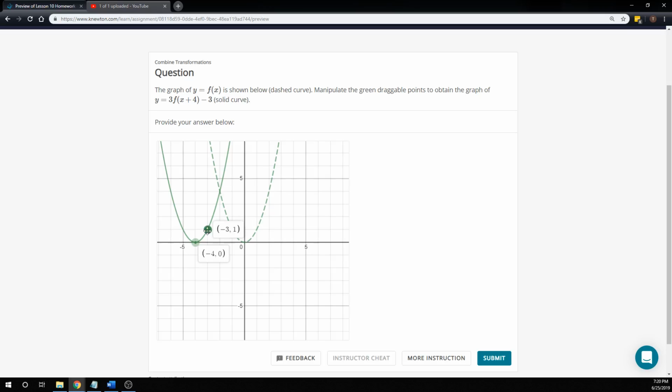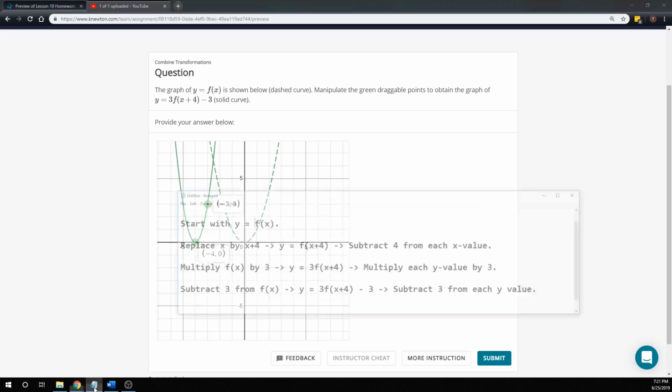On this one, the y value is 1, and 1 times 3 is 3. So that point will get moved up to minus 3, 3, like this. So you can see that the dashed graph gets stretched basically like that.